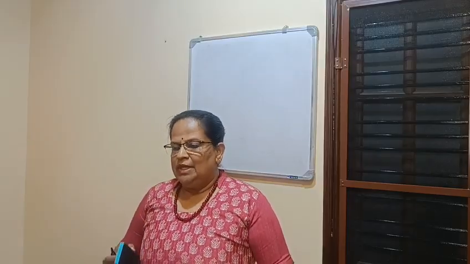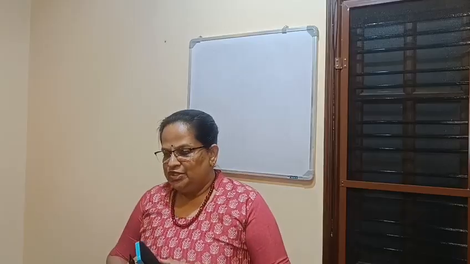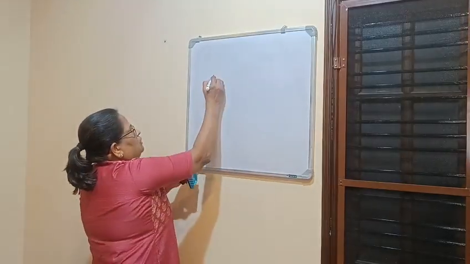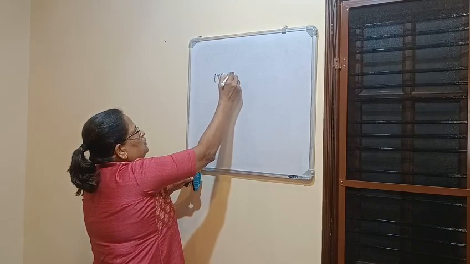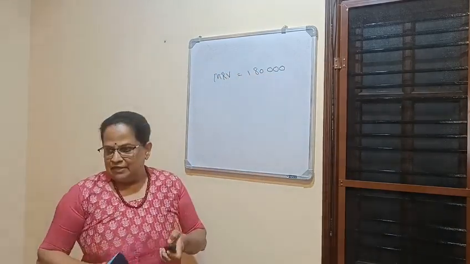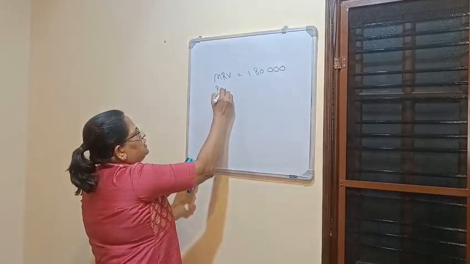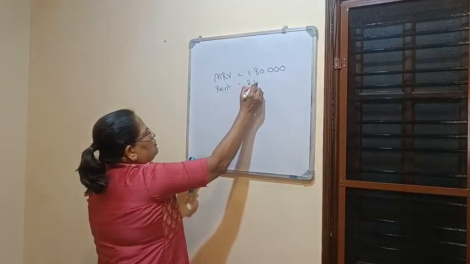First problem, a simple problem. Compute income from let out house property from the following information. Municipal rental value is equal to 1,80,000. Rent received during the year is equal to 2,40,000.